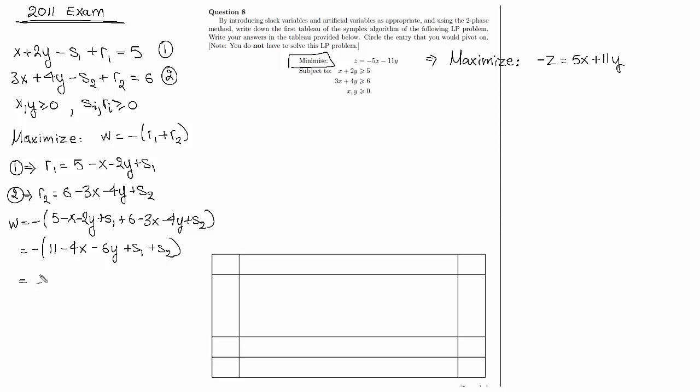And this is 4x plus 6y minus s1 minus s2 and minus 11. And we will input w in the form w minus 4x minus 6y plus s1 plus s2 equals minus 11 into the tableau in this form. So now we have our constraints, we have our objective function w that we introduced for the two-phase method, and then minus z will also be inputted in the initial tableau in this form.